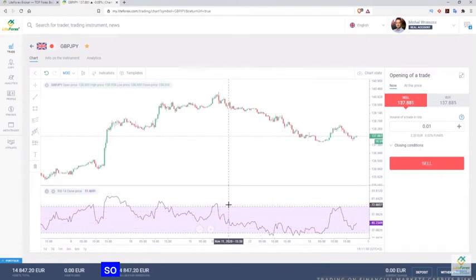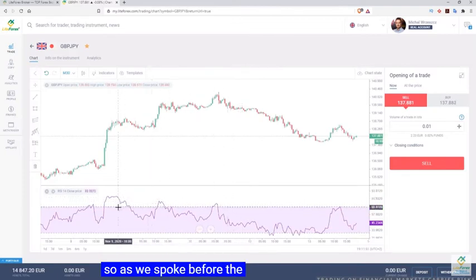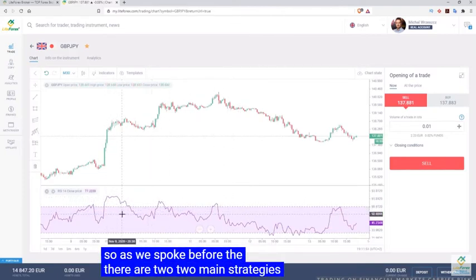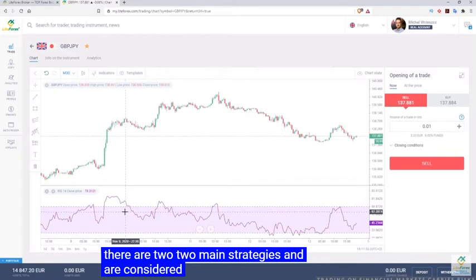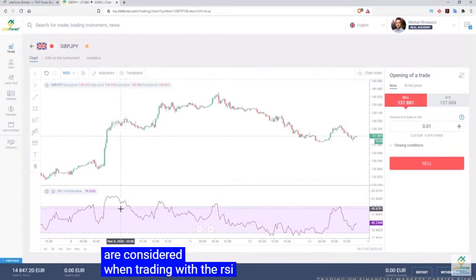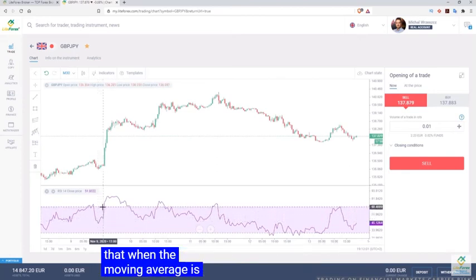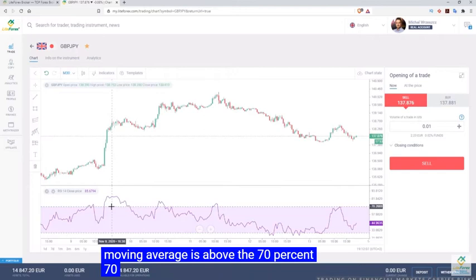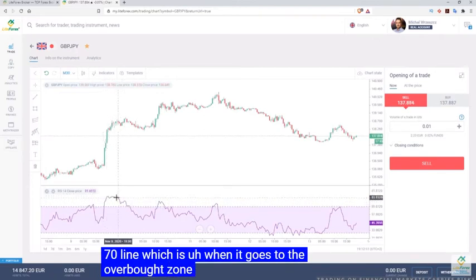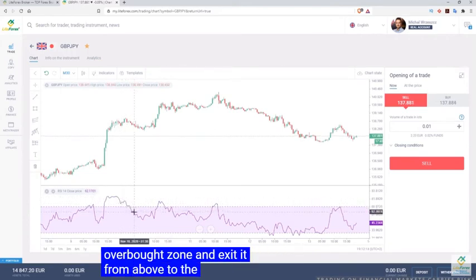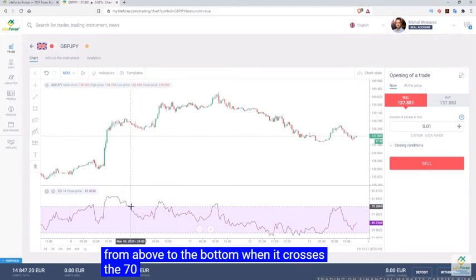So, as we spoke before, there are two main strategies that are considered when trading with the RSI. One concerns when the moving average is above the 70% line, which is when it goes to the overbought zone and exits from above to the bottom, crossing the 70% line.